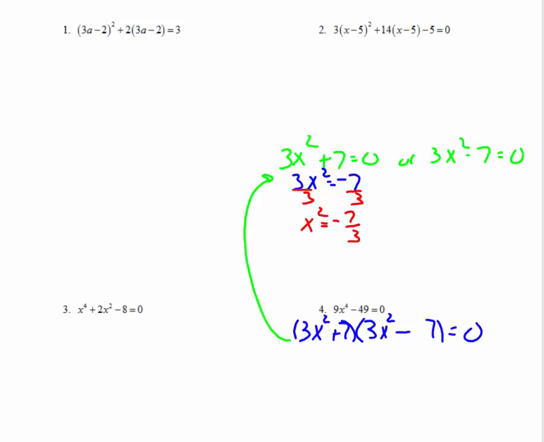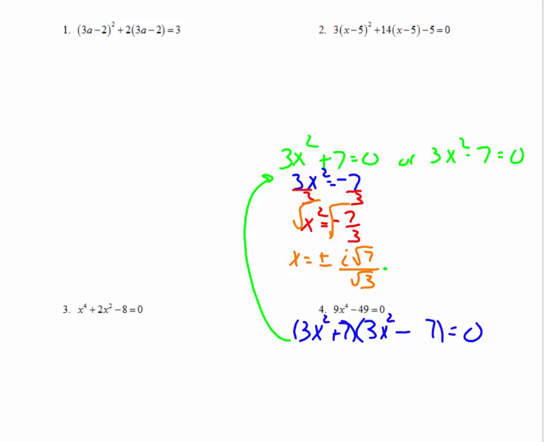So x squared equals negative 7/3. Take the square root of the left and the square root of the right, not forgetting plus or minus. There's an i, because you're going to have a negative underneath the square root. So an i comes out, the square root of 7 stays as is, and the square root of 3 stays as is. So now we have a radical left in the denominator, which we're not allowed to do.